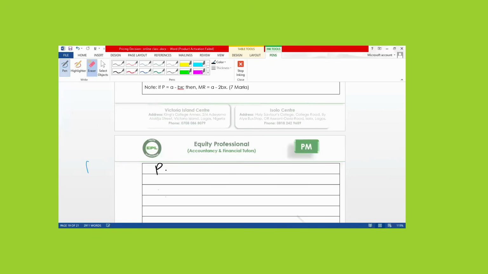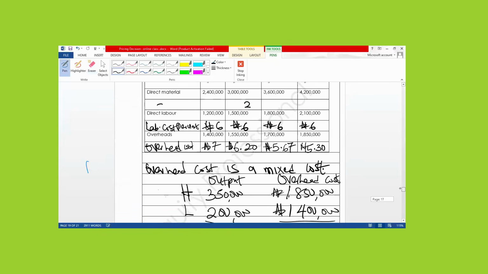Your P is equal to A plus BQ, where P is the current selling price.